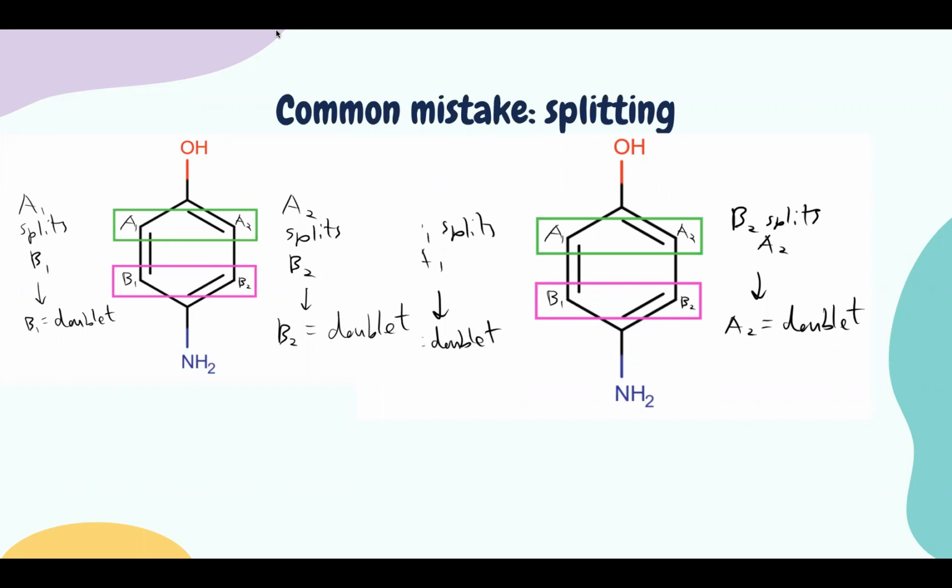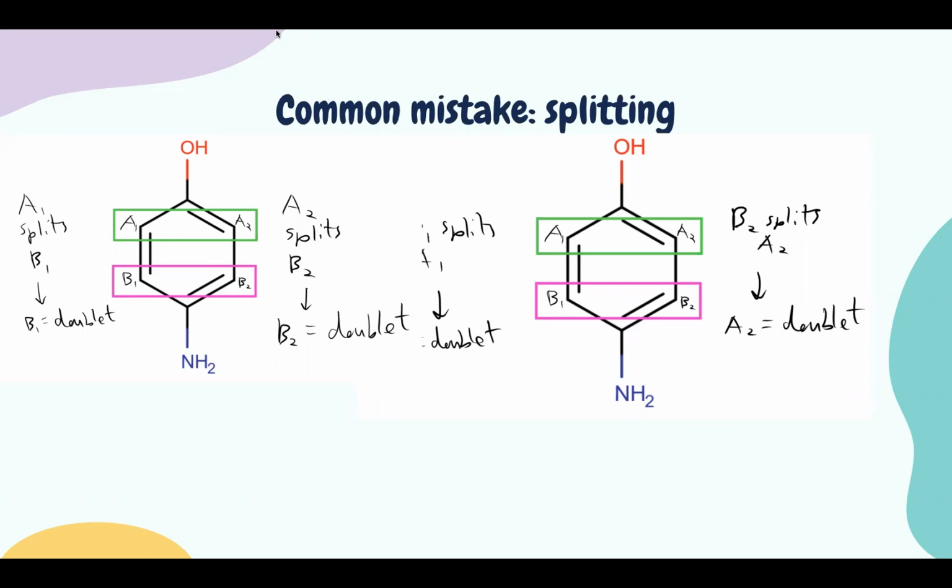Sorry, you'll see 2 doublets as opposed to what? Some people get mixed up. Normally when you're looking at adjacent protons splitting each other, some people don't realize that because A1 and A2 are being split in the exact same way, it's only a doublet.